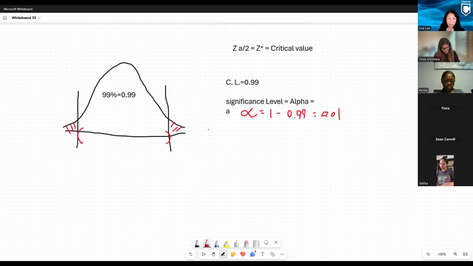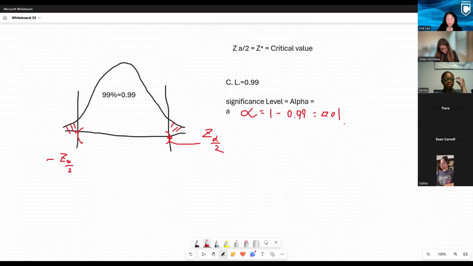That's why in our book we usually use z with alpha divided by 2. This is the more accurate notation: significance level divided by 2 for this critical value point. We have one on the right side and one on the left-hand side, and on the left-hand side the critical value will be negative, negative z alpha divided by 2.